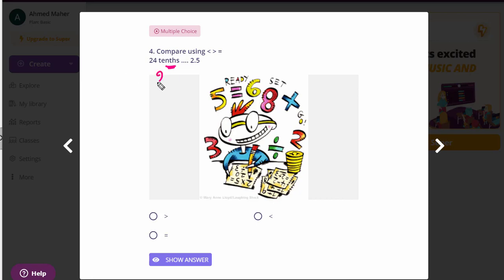So I write the number, it should be 2.4. And we have the other one, 2.5. So which one is the correct choice? 2.4. Is it greater than, less than, or equal? Less than. Thank you, my hero. Great work. Okay, my heroes, any problems? Let's move to the next one.